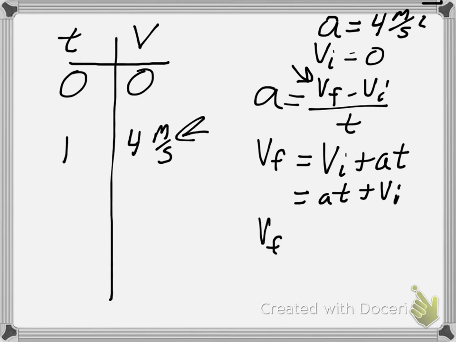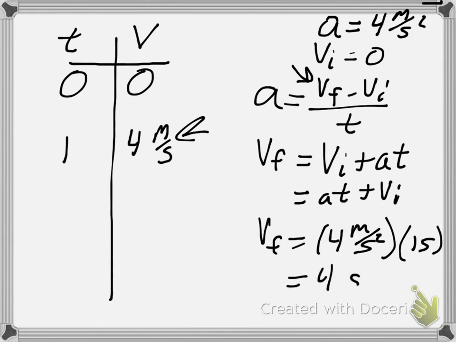So Vf is going to equal 4 meters per second squared times 1 second, and that gives me 4 meters per second, sorry. Again, this is going to be in seconds, and this is going to be in meters per second, right? So this is meters per second.